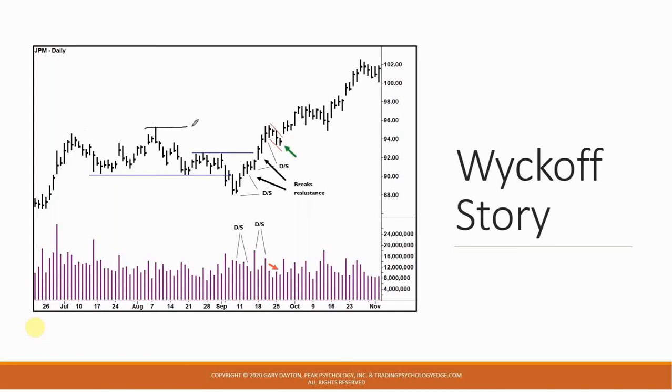You've got strength coming through. We rejected lower prices, right? This is a rejection here, a rejection of lower prices and a rally up on good flow, good ease of movement.